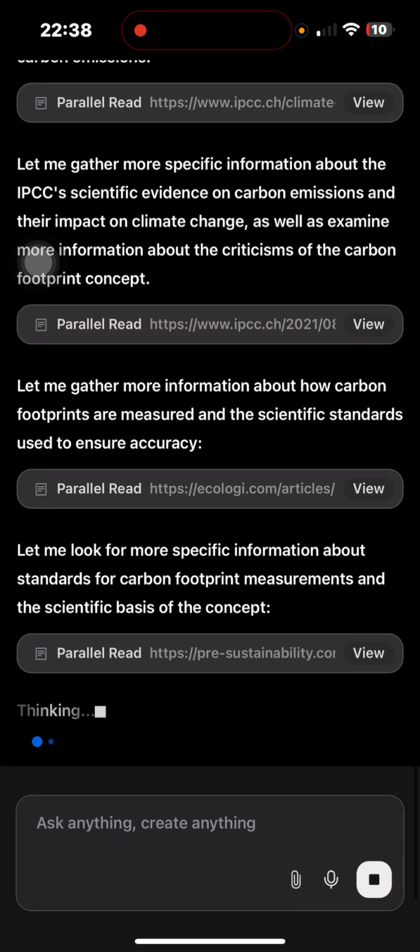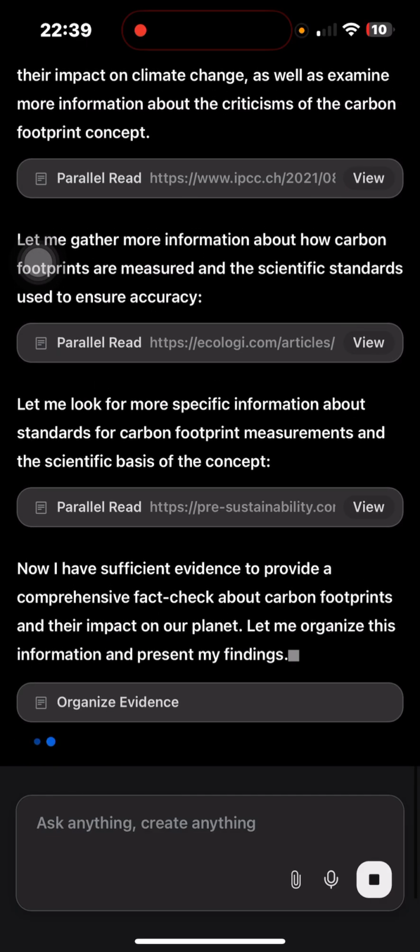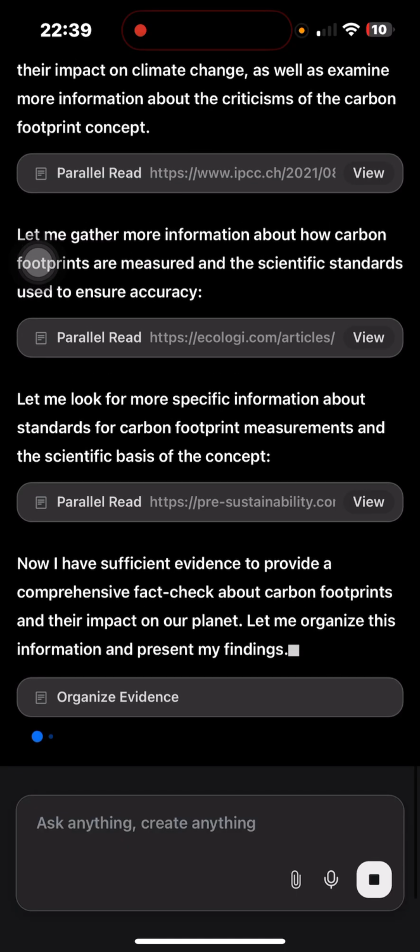Now I have sufficient evidence to provide a comprehensive fact check about carbon footprints and their impact on our planet. So apart from trying this AI tool, Genspark AI, we'll also be checking a fact, whether it's just a fact or it has something real or some value in it as well.